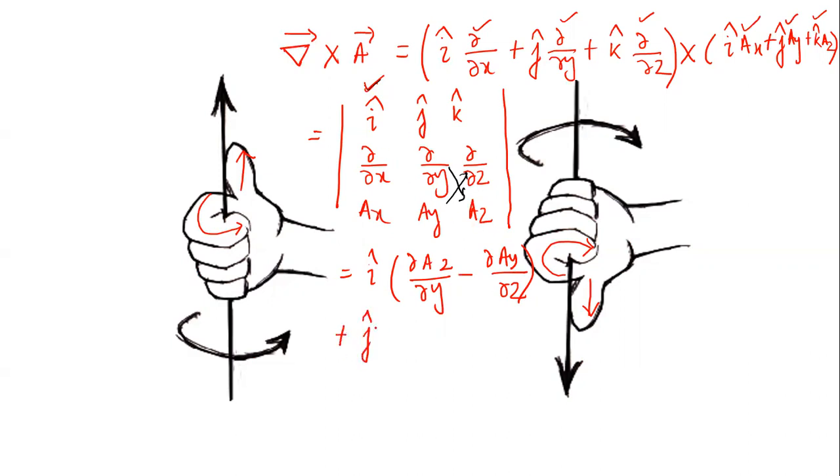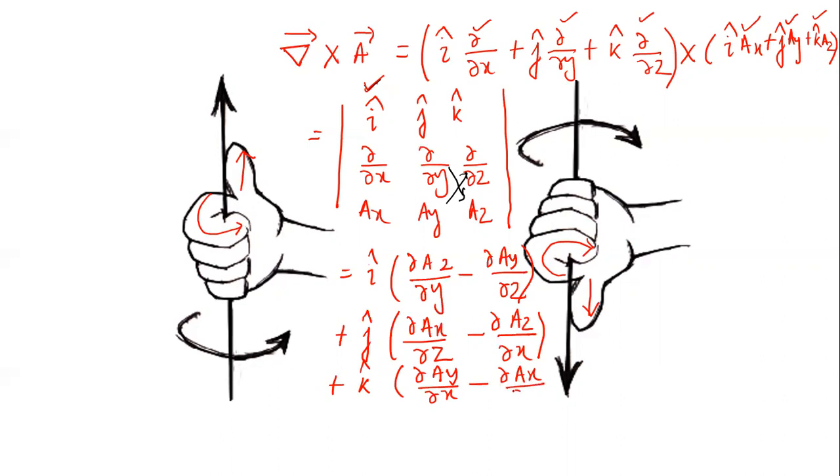I'm writing plus j cap just to keep it simple: del ax by del z minus del az by del x. That is the j component, or the y component, and the k cap component we can write as del ay by del x minus del ax by del y.